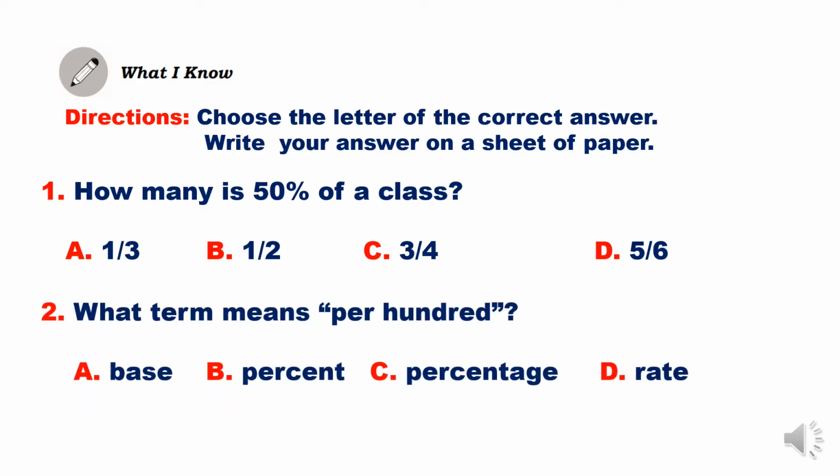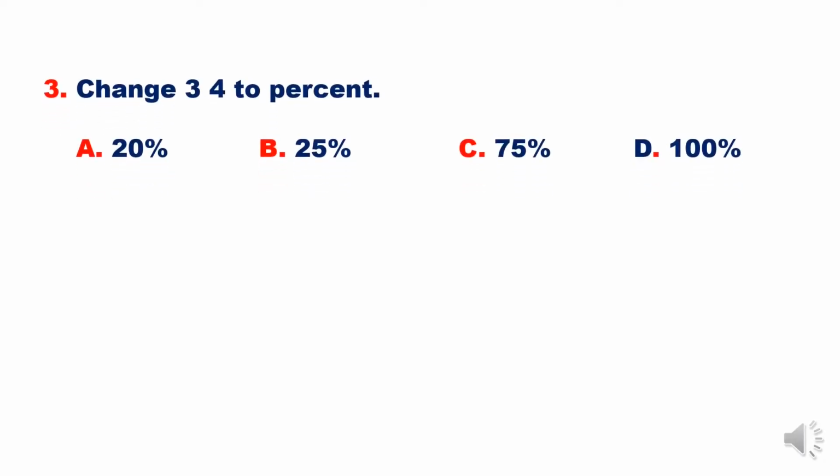What term means per hundred? A. Base, B. Percent, C. Percentage, D. Rate. Number 3. Change 3/4 to percent. A. 20%, B. 25%, C. 75%, D. 100%.